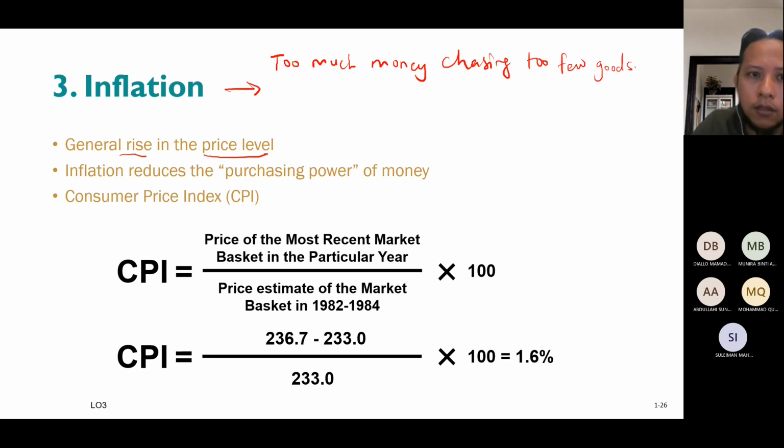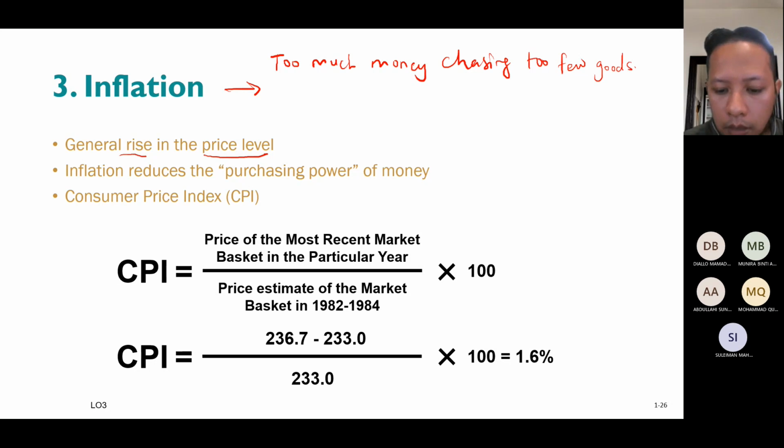Okay, so this will cause inflation. So either it came about because suddenly people had too much money, or suddenly the quantity of goods and services reduced, or it can happen both at the same time.